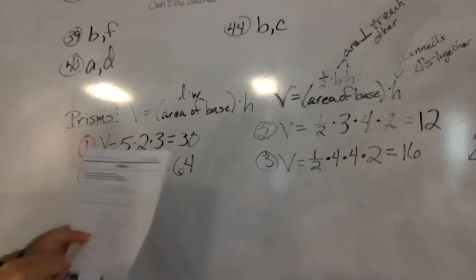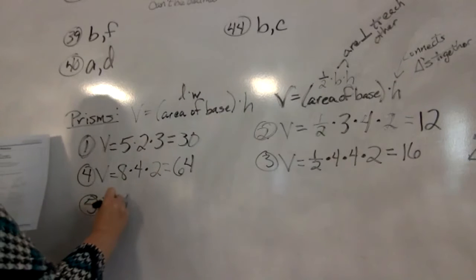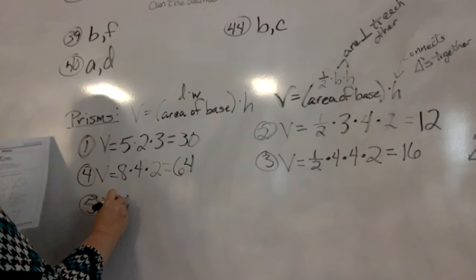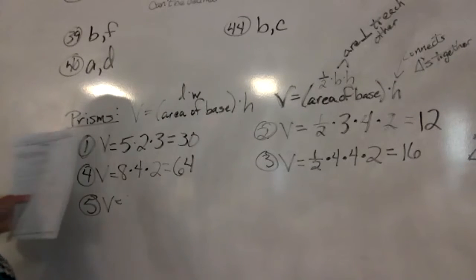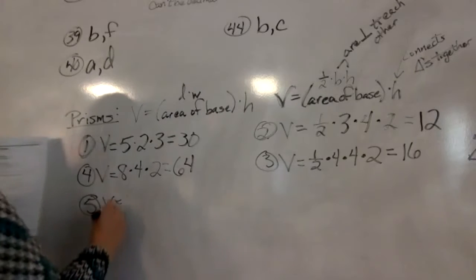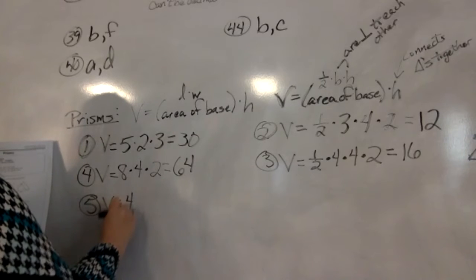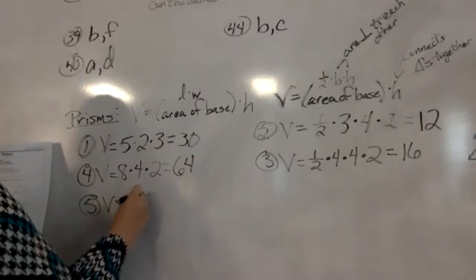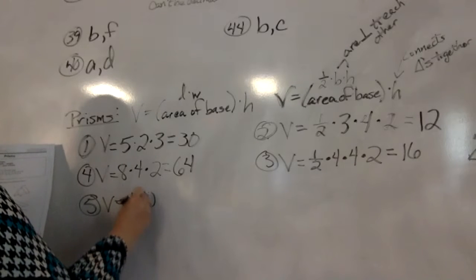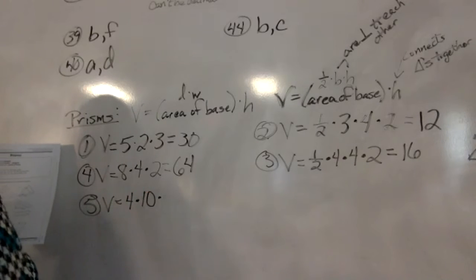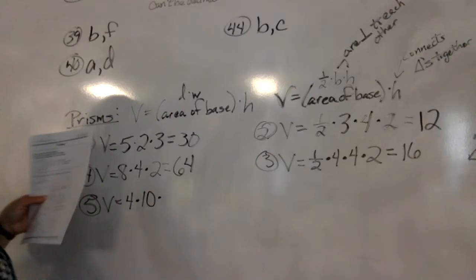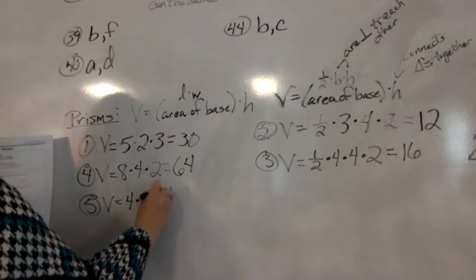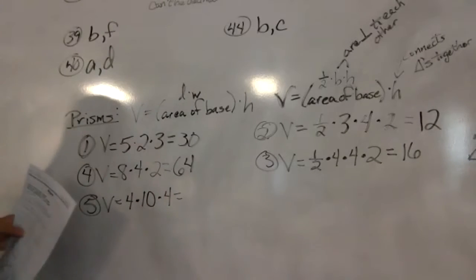There's not even a 2 on the picture for number 5. Oh, 4. Wait, I was looking at the wrong one. It's 4. Then my width is 10, and the height is 4.